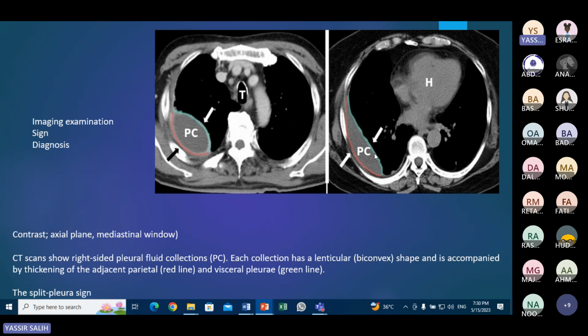What is the diagnosis? Is it lung abscess?